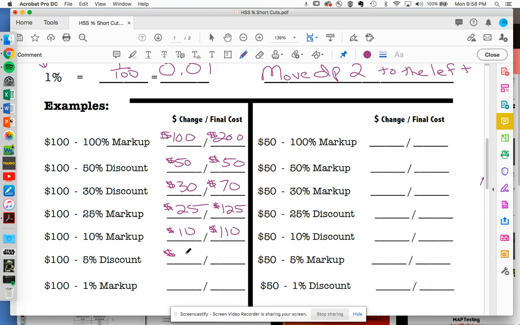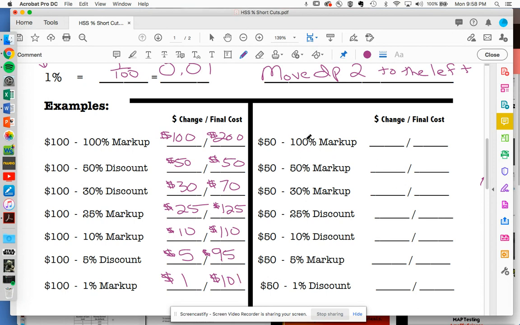So simply enough, with this nice number, that'd be $5. If I had a discount, say at Target, you get a 5% discount. If you bought $100, your final cost would be $95. And then they'd probably add that 7% tax to it, which we're going to look at later. Next on this one, 1% of $100 would be simply $1. Since it's a markup, it would be $101.